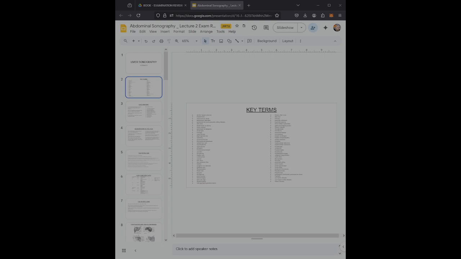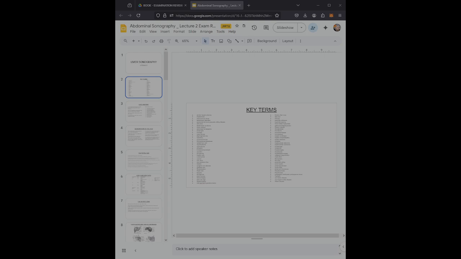Diaphragmatic slip, this is a pseudomass of the liver that can result from hypertrophied diaphragmatic muscle bundles. Dysentery is an infection of the bowel, which leads to diarrhea, and dysentery may have mucus or blood in the digestion.